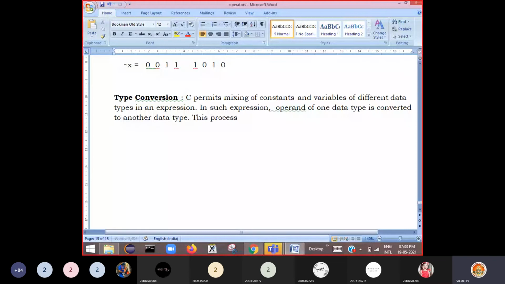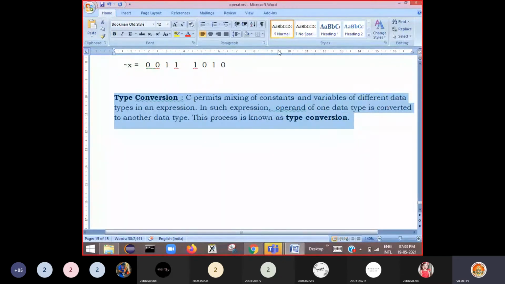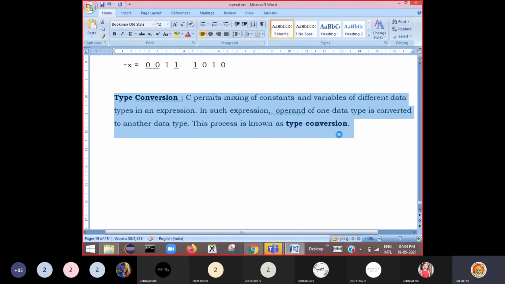This process is known as type conversion. That means converting a constant or variable of one data type into another data type is called type conversion.